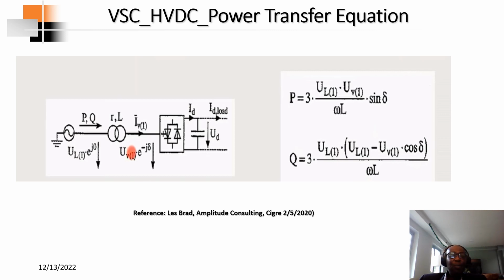In between is the converter transformer. So the leakage reactance and the leakage inductance of the transformer make it possible to transfer active power and reactive power between the grid and the converter.